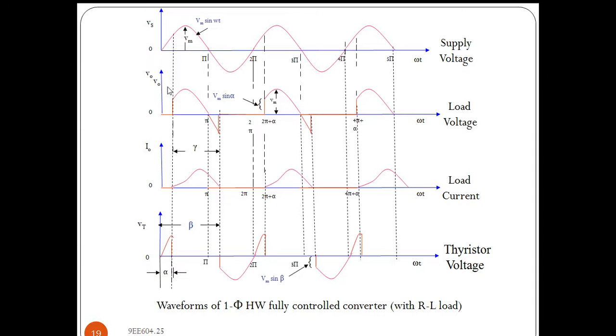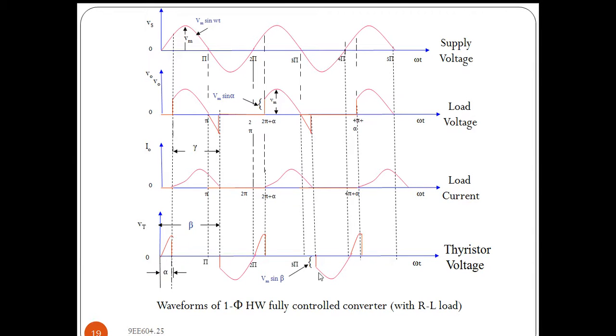Here we can observe that the voltage and current waveforms are not uniform. The current gradually increases and reaches a peak value, and at instant pi, the supply voltage is reaching zero, but the current is not reaching zero due to the presence of inductance in the load.